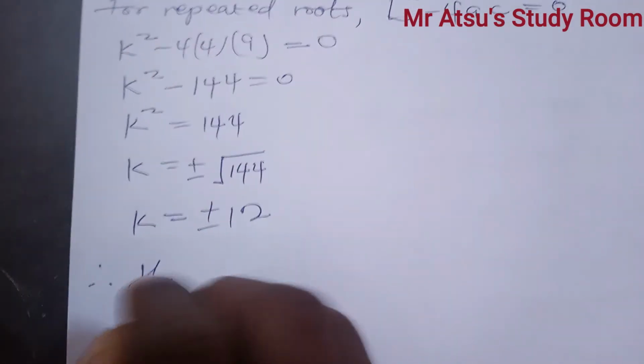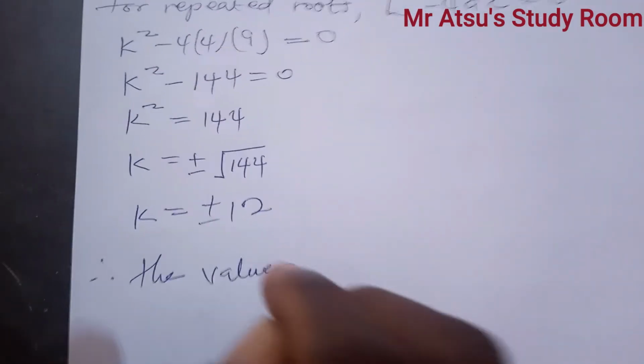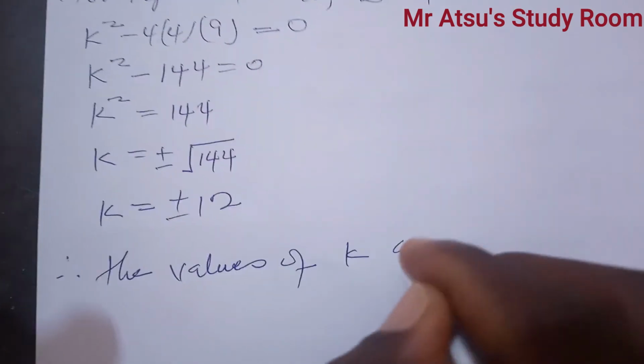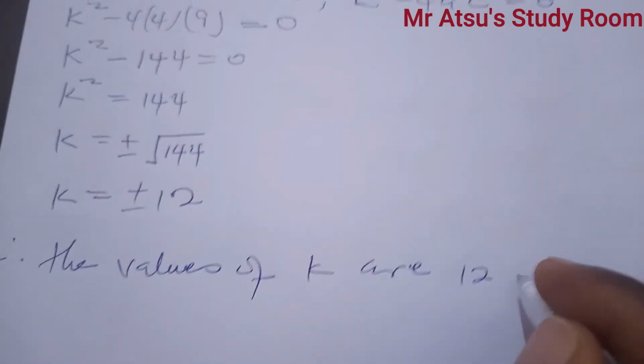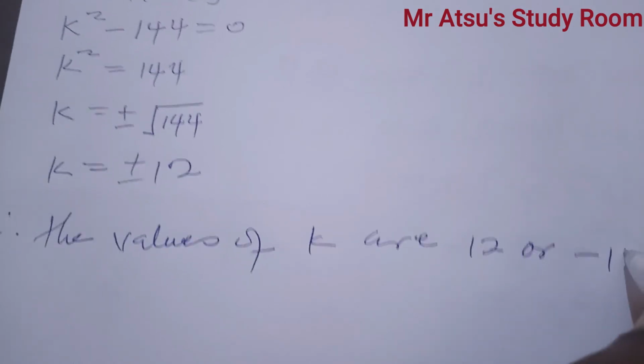Therefore, the values of k are 12 or negative 12.